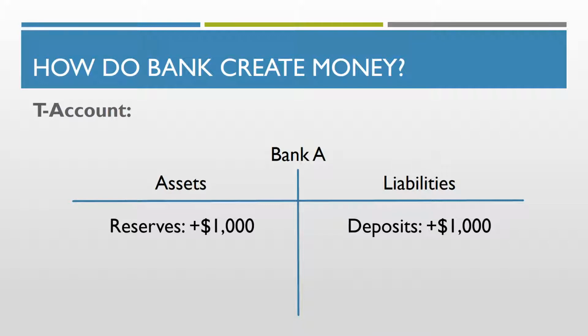By law, this bank can only lend out so much. Let's say 10% they have to keep, but they can get $900 out to someone as a loan. This $900 will be loaned out, and someone will get this $900 in deposits.